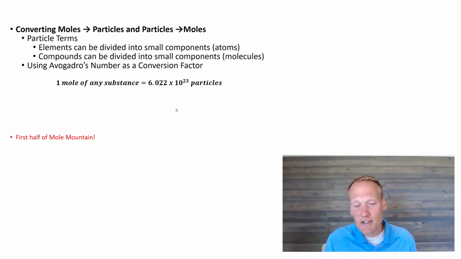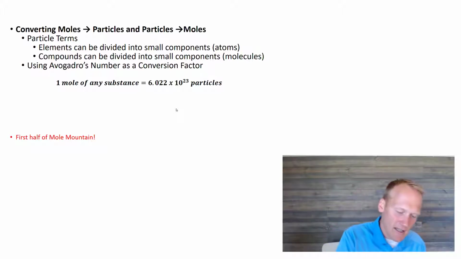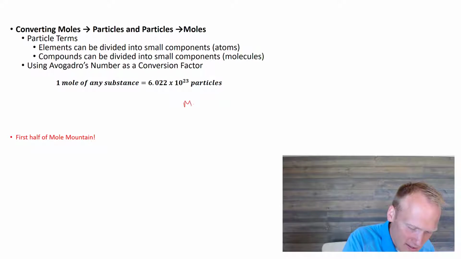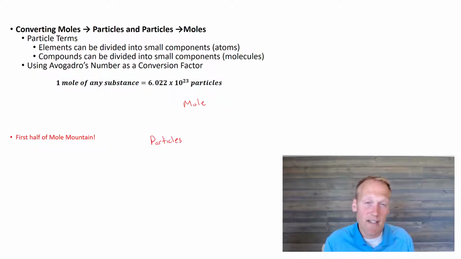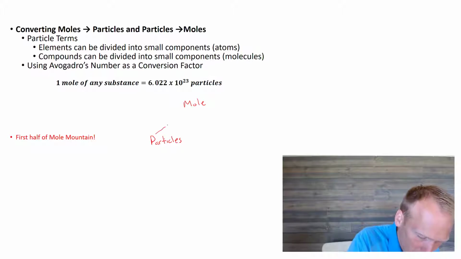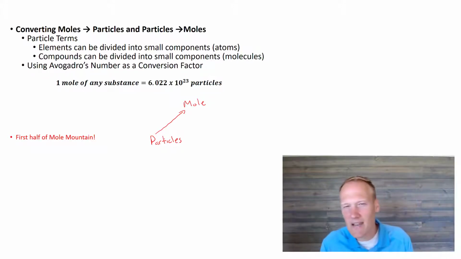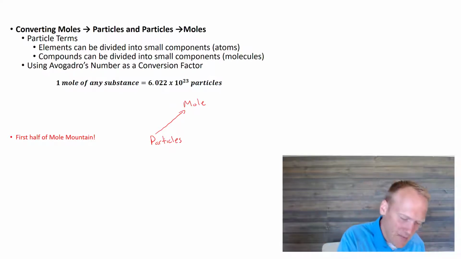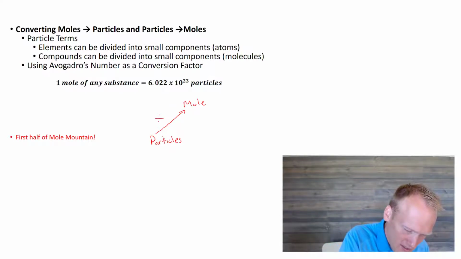Typically, we refer to this as the first half of something called mole mountain. The top of mole mountain is the mole, and the base at one side of the mountain are particles. So if we're going up the mountain, one way to think about that is going up a mountain is difficult, and when you were young, the difficult operation was division.